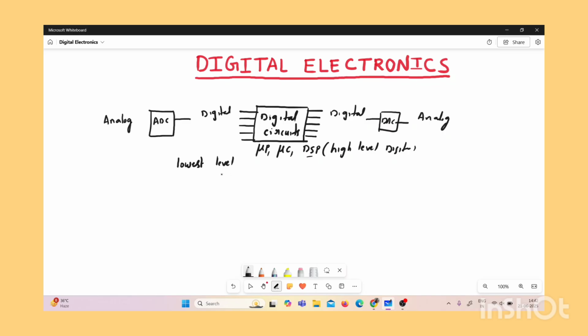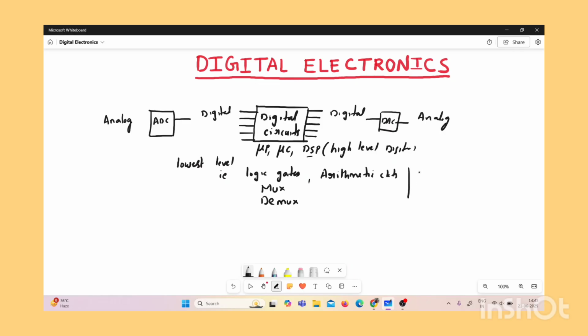The topics that we study at the lowest level are logic gates, multiplexers, demultiplexers, and arithmetic circuits. All this comes under combinational arithmetic circuits.